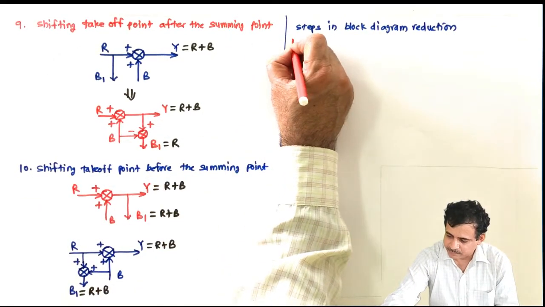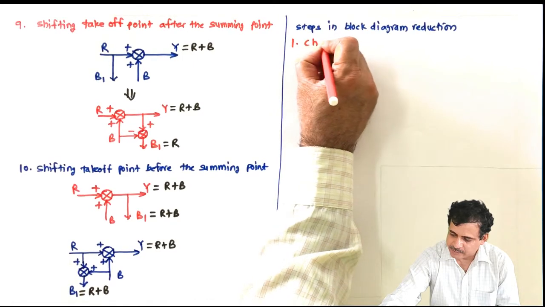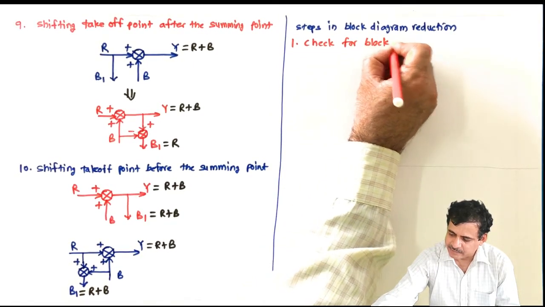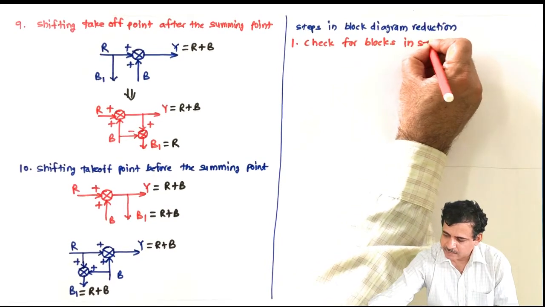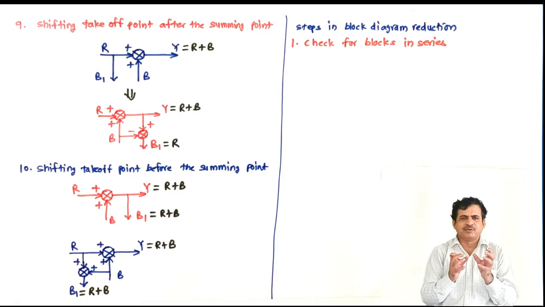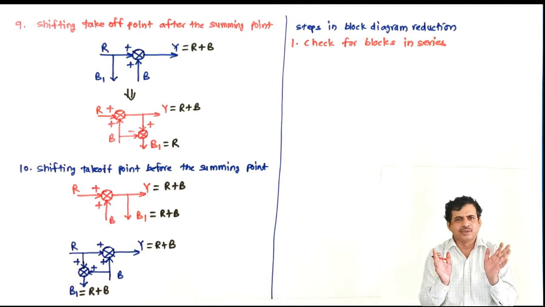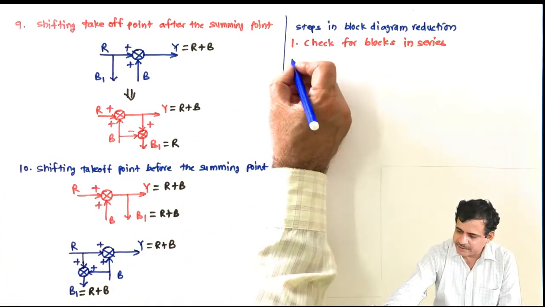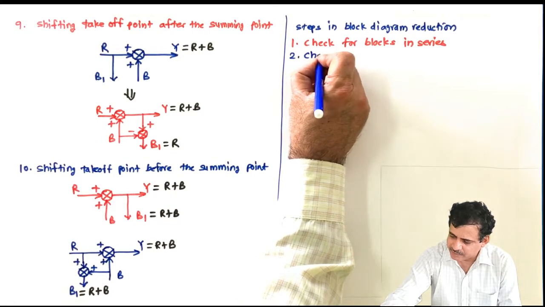So first one, check for blocks in series. If they are, resolve them, couple them, combine them. If G1 and G2 are in series, make it G1 G2, and replace these two blocks with a single block having function G1 G2.